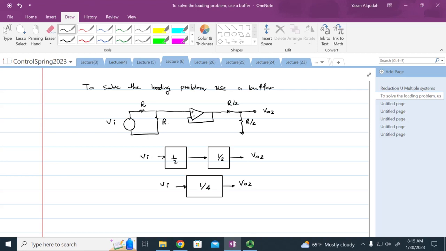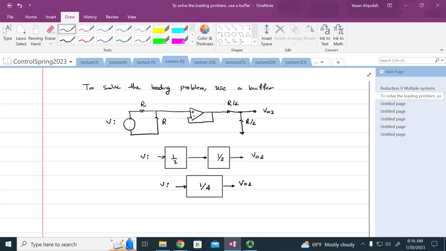Okay. So what does this buffer do? It prevents the loading. How does it prevent the loading? The input impedance of the buffer is infinity. So when I added it to this circuit, it does not see the load that is connected after it. And the output impedance of it is 0.